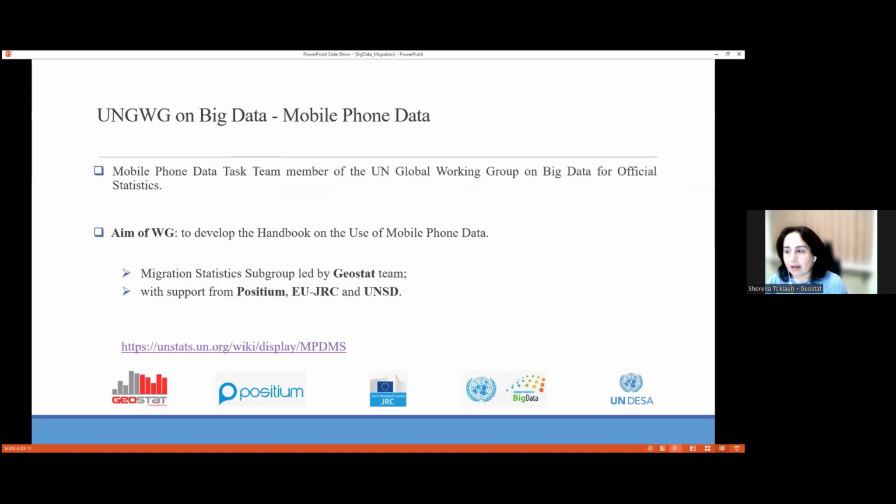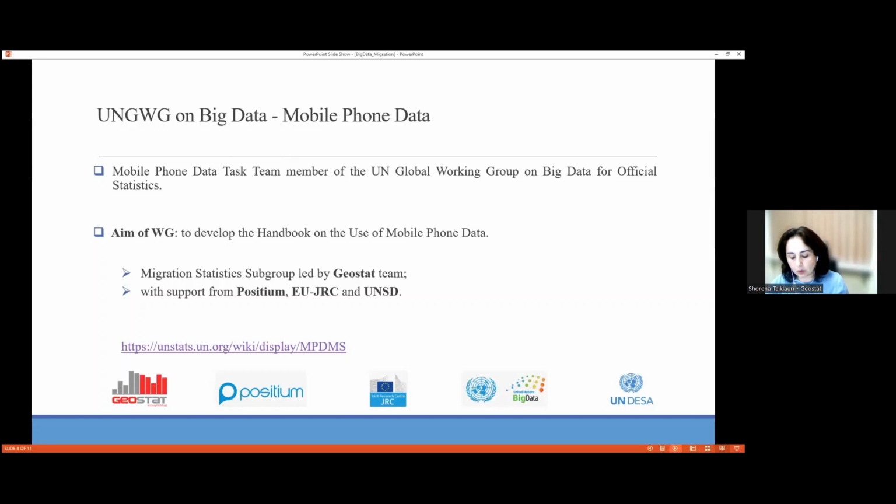It's our pleasure that Geostat joined the UN Global Working Group on Big Data for Official Statistics in 2019 and was actively involved in developing the handbook on the use of mobile phone data.